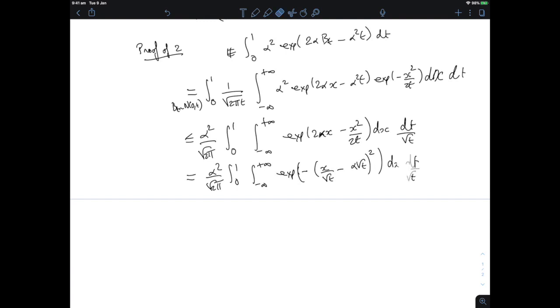And I've missed the extra term that I need to cancel, which is the exponential of alpha squared t term. And then this is certainly smaller than alpha squared over square root of 2 pi, exponential of alpha squared, times the integral from 0 to 1 and the integral from minus infinity to plus infinity of this thing here.